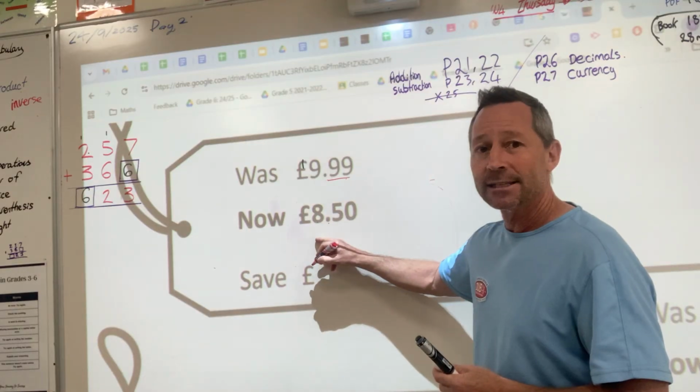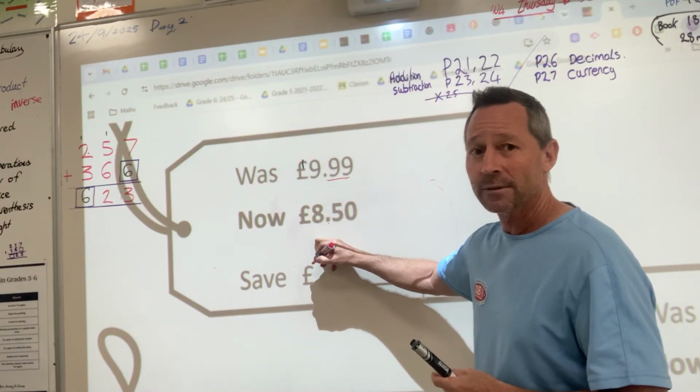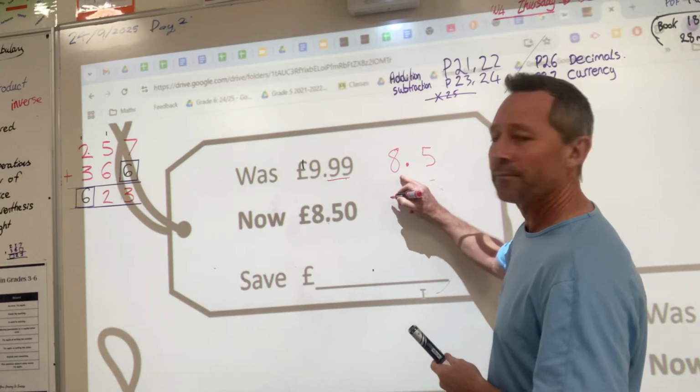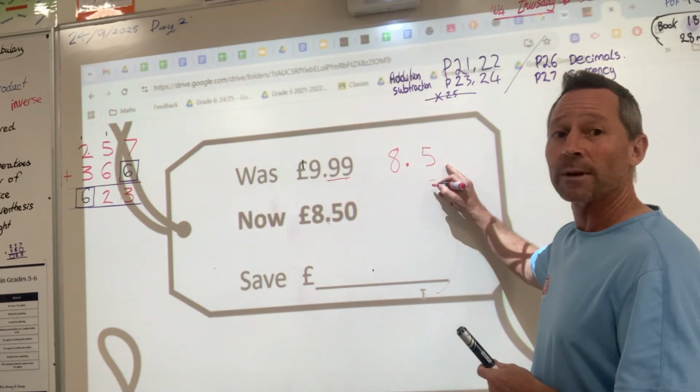If it said 8 dirham and 5 fils, don't put it like this, because you need 2 decimal places.